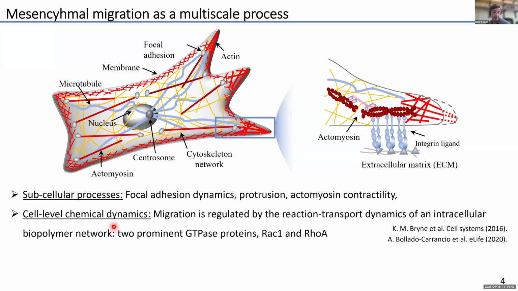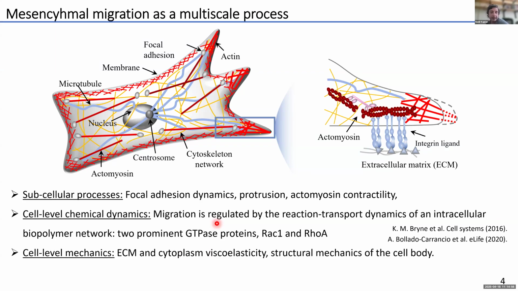But also cell-level chemical dynamics, how the reaction and transport dynamics of the intracellular biopolymer network, like Rho GTPases, regulate migration and how they polarize the cell in the first place, but also cell-level mechanics, because there's a structural integrity of the cell.